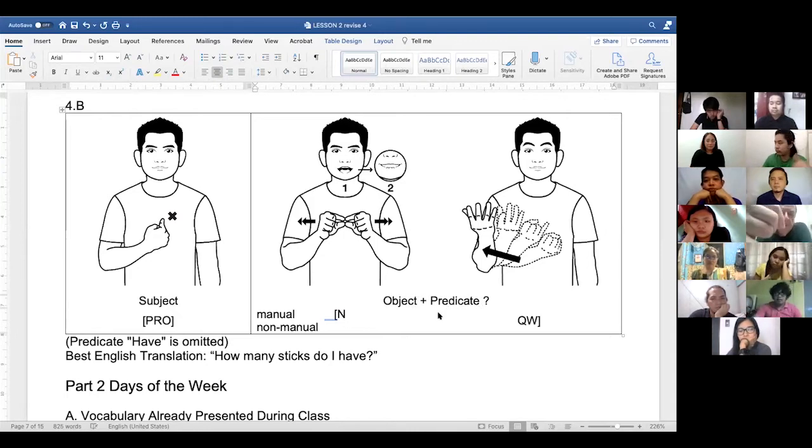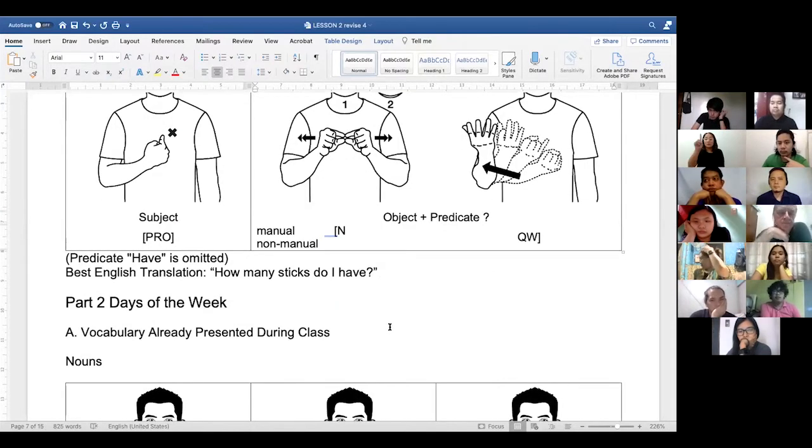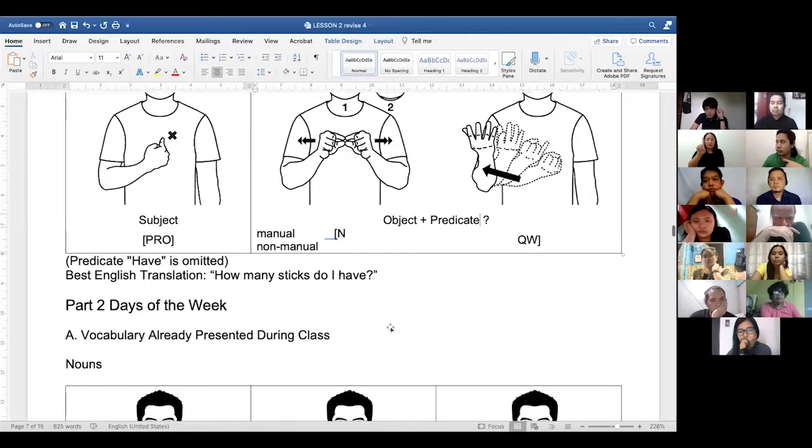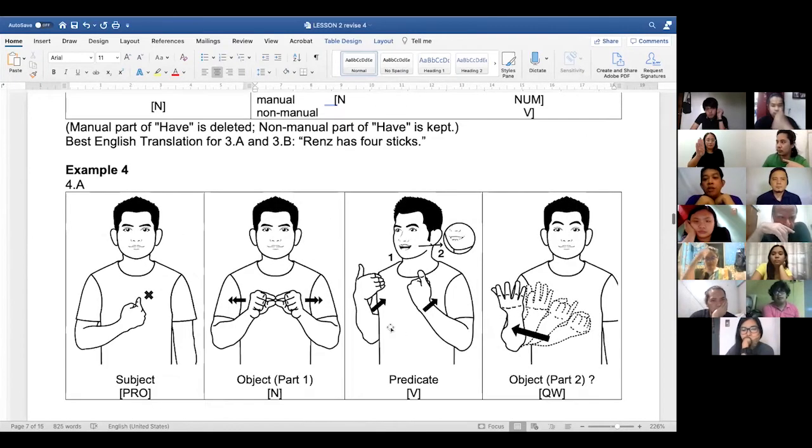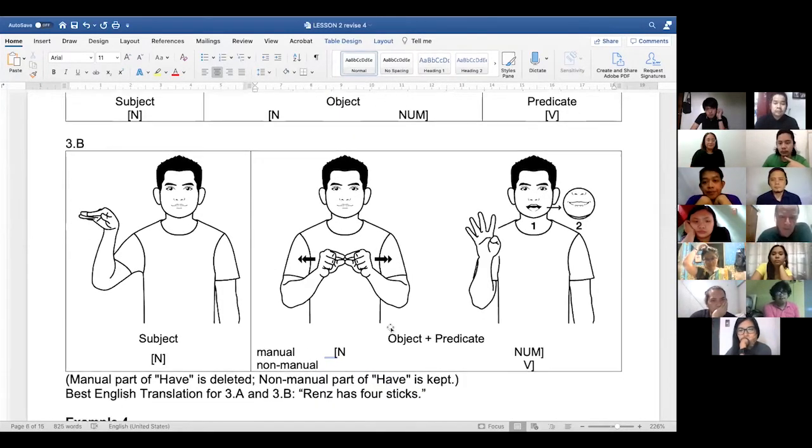And then go back up to 3B. Okay, so you see the have is with the numeral.